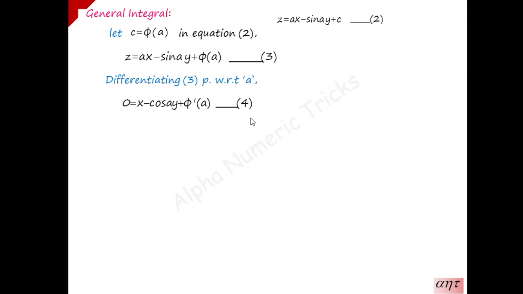Number that equation as 4. Now using 3 and 4 you eliminate the arbitrary constant a, and then we get the general integral. This is the way you have to write it in your exams also, because we don't know the function φ(a).